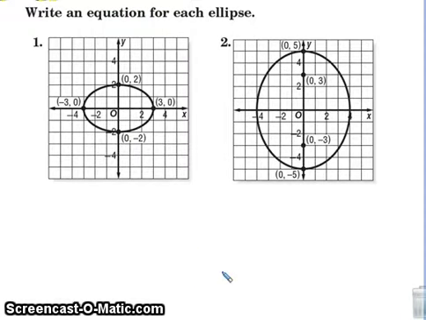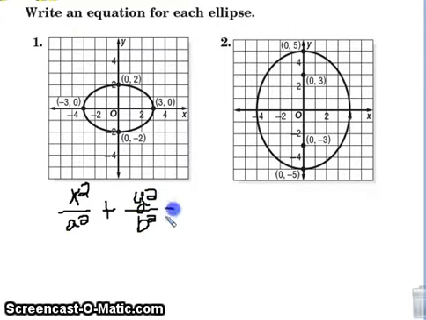Number 1, what is it? It's horizontal, so we immediately know that we are falling under x squared over a squared plus y squared over b squared equals 1. Everybody okay with that?